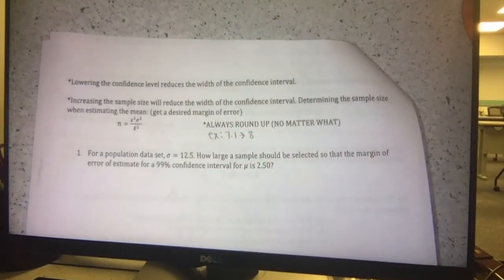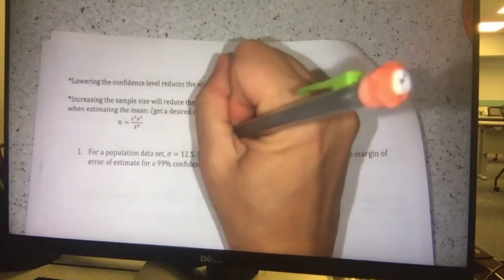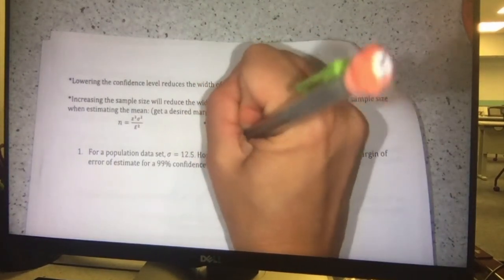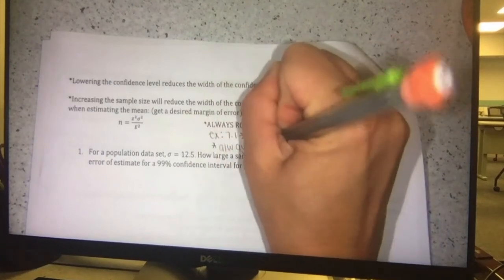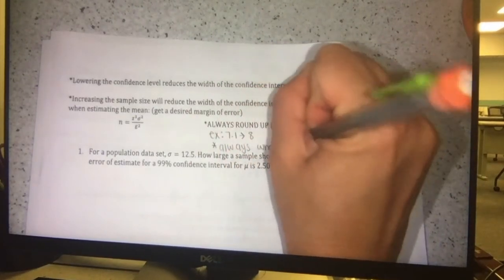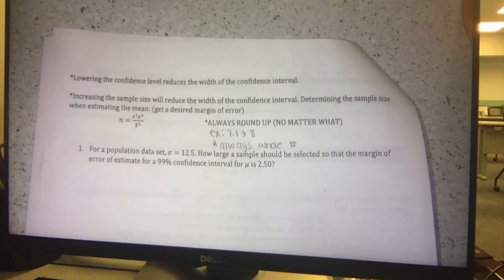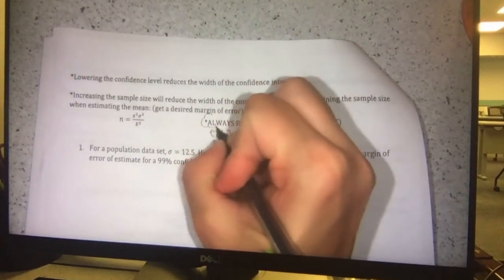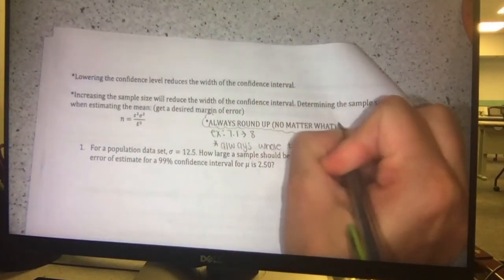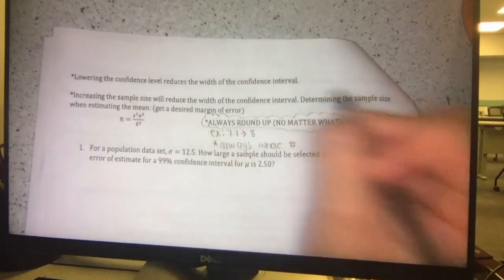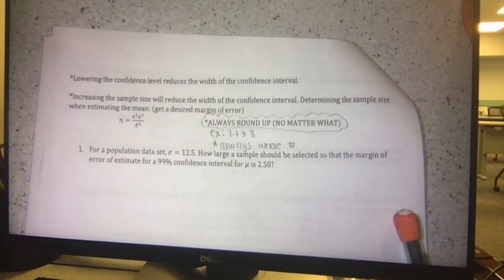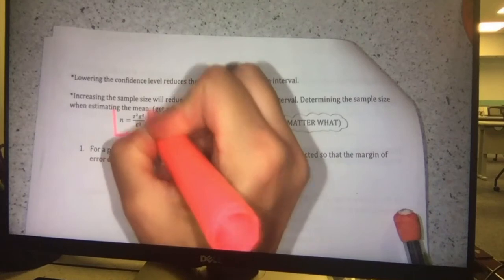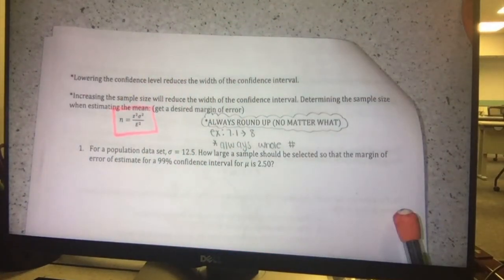It is always a whole number, because you can't ask 0.1 of a person. Here is the formula: n equals z squared times sigma squared, all over e squared.